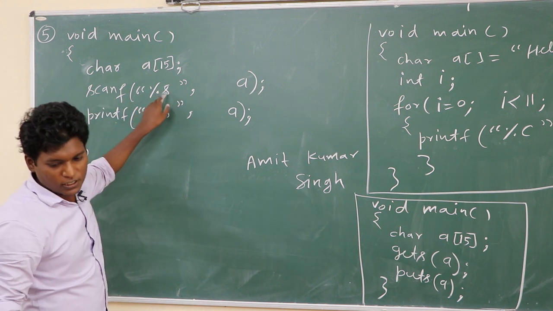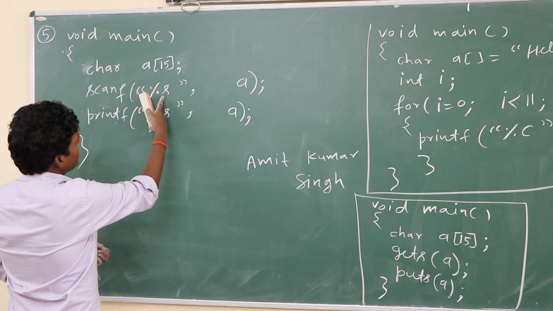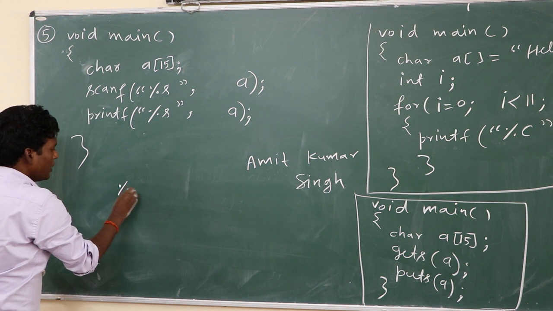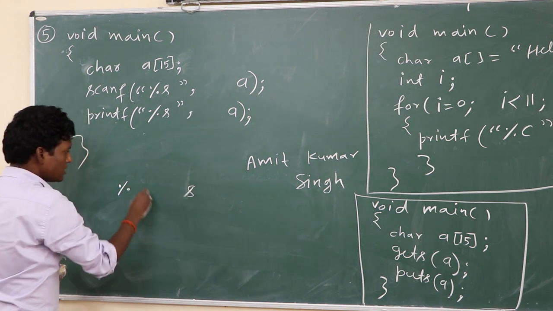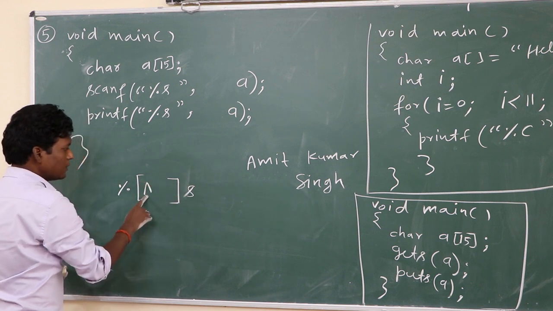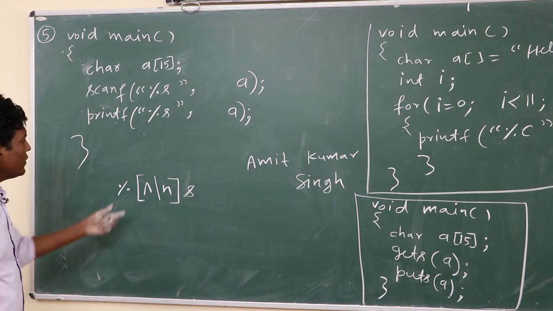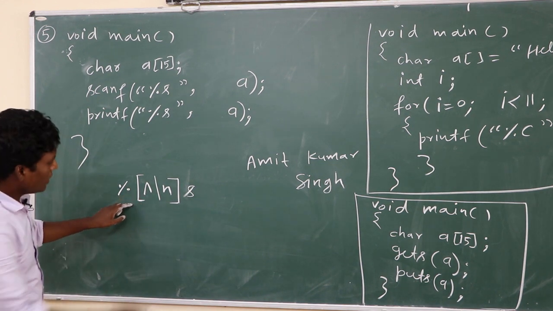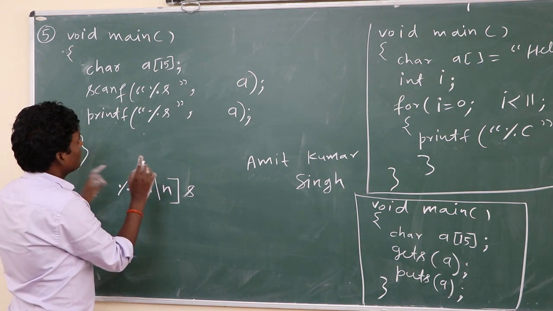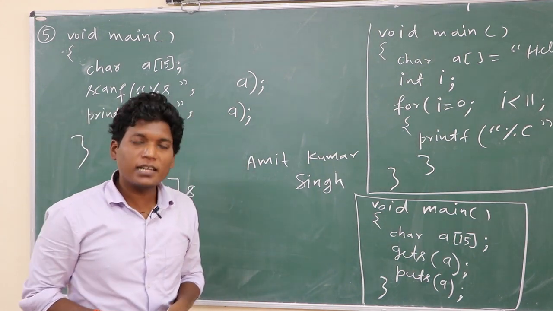To remove the limitation, there is a need to change here between percent and s. There is a need to write a square bracket, ^ and \n. If you write this between percent and s, then this scanf function becomes capable of holding a multi-word string.